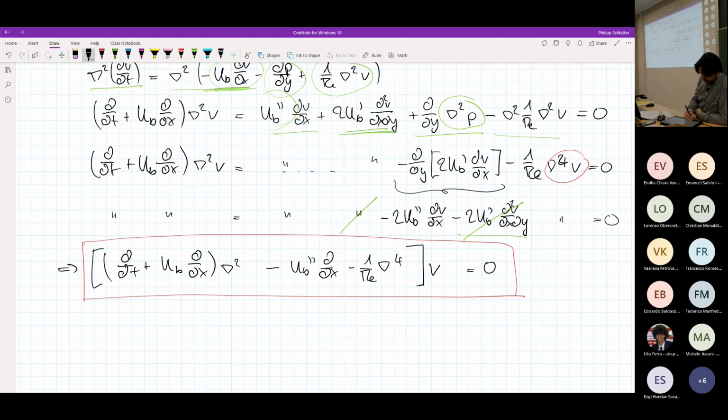So if I just write down these main points, this is an equation in v. And of course, that also means if I can solve this equation for v, I can directly calculate also, for instance, the u velocity.